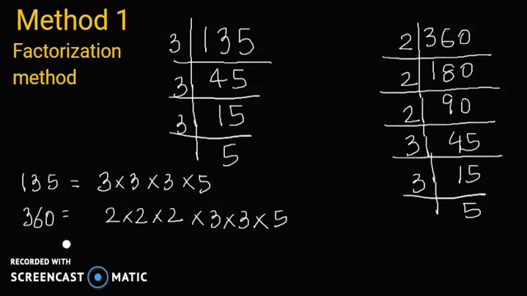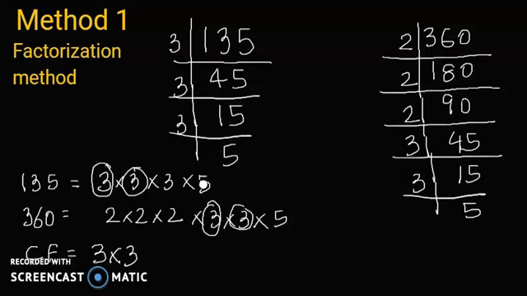Now in order to find the highest common factor HCF, we have to find the prime factors that are common to both. We can see there is one 3 here and one 3 here. So we will write common factors. We will write 3. Again we have 3 here and 3 here. So we will write 3.